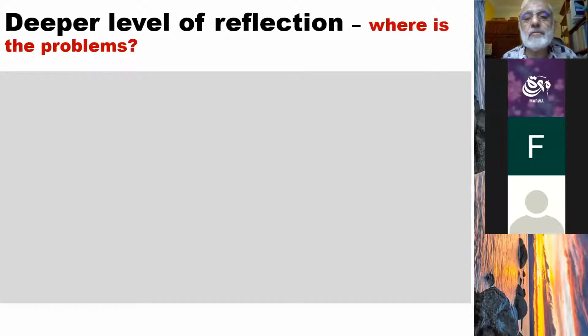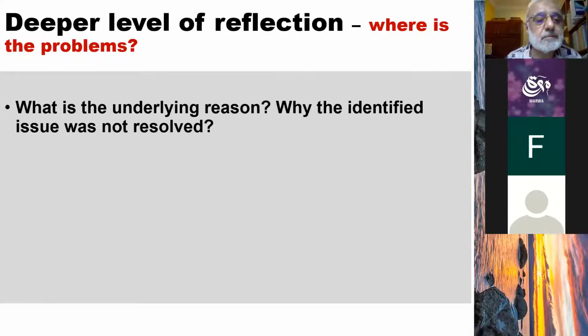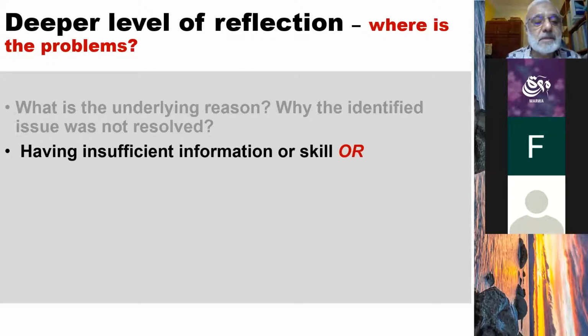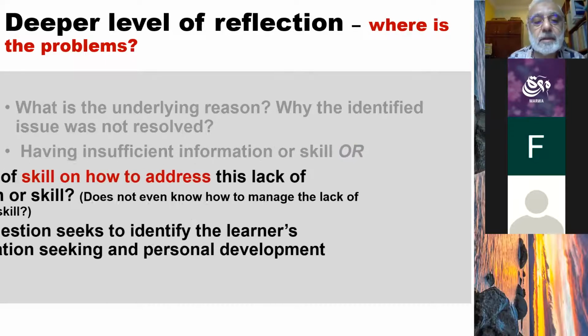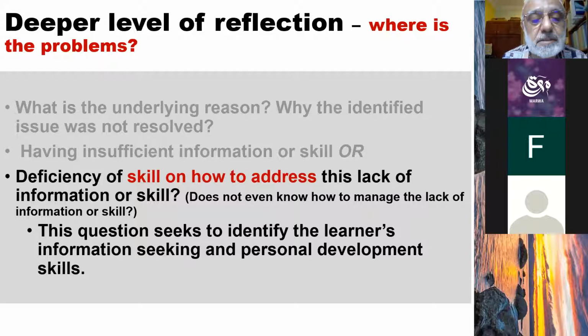But if we go even deeper, to a deeper level of reflection, it would be to look at where the problem is. For example, what is the underlying reason why the identified issue was not resolved? Was it lack of information or lack of skill, or even a deficiency of skill on how to address this lack of information?